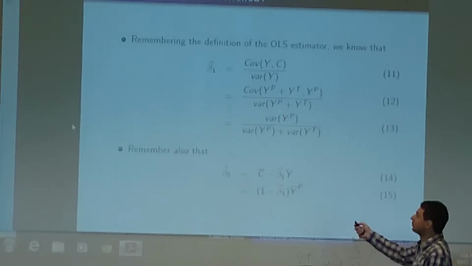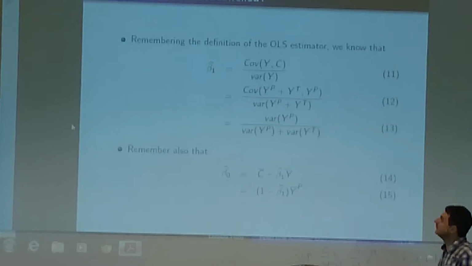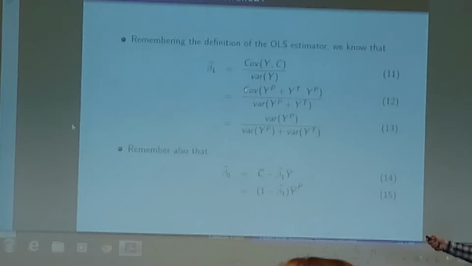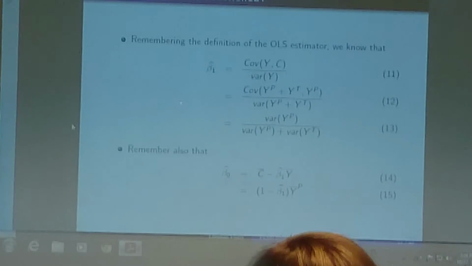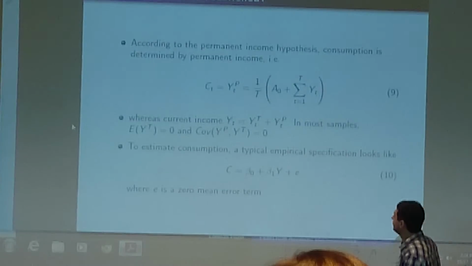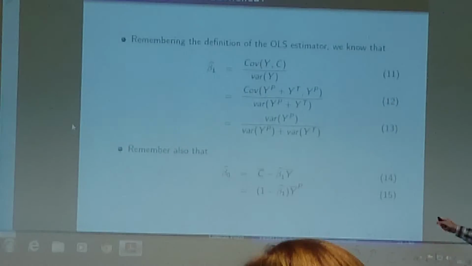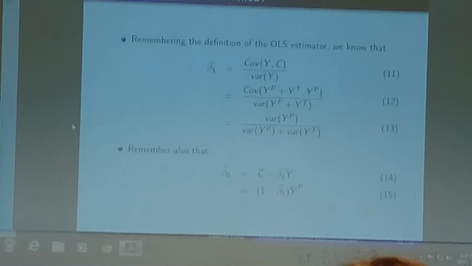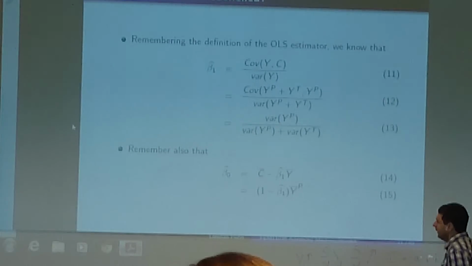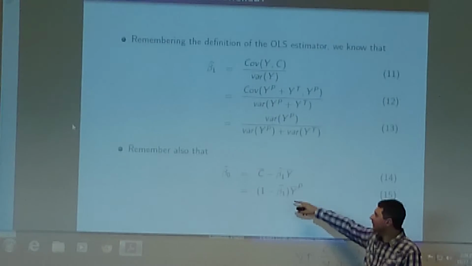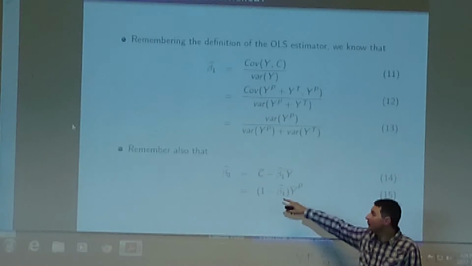Since the covariance between both is 0, you can write instead the variance of yp plus the variance of yt. So you can write the slope estimate, beta 1, as the variance of permanent income divided by the variance of permanent income plus the variance of transitory income. As homework, try to derive the constant as well.